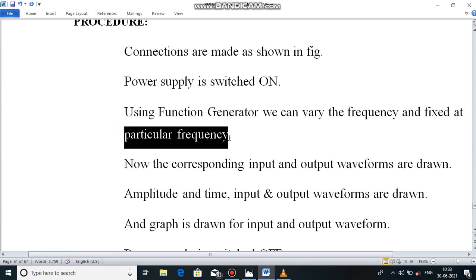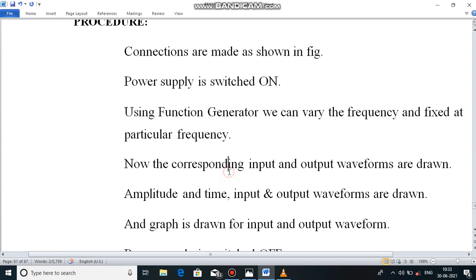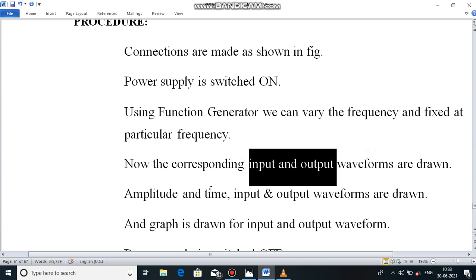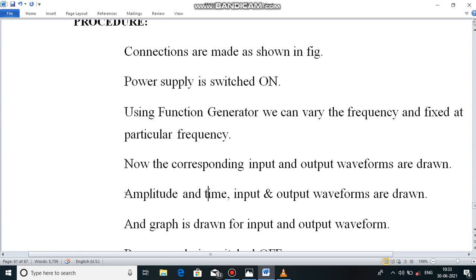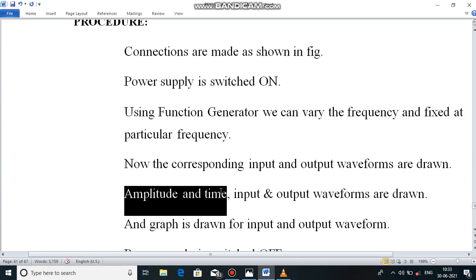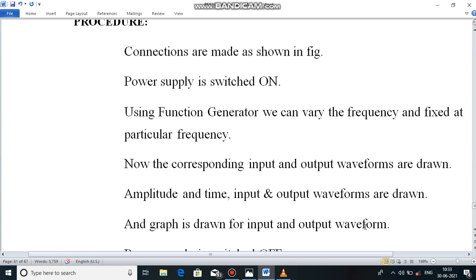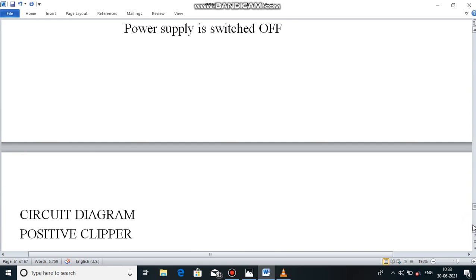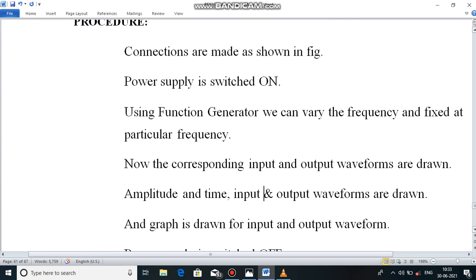Next, you have to draw the corresponding input and output waveforms. After that, you have to note down the amplitude and time of the input and output waveforms. Finally, you have to plot the graph. This is the procedure for conducting this experiment, and then your supply is switched off.